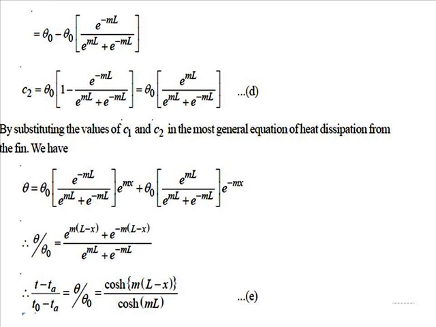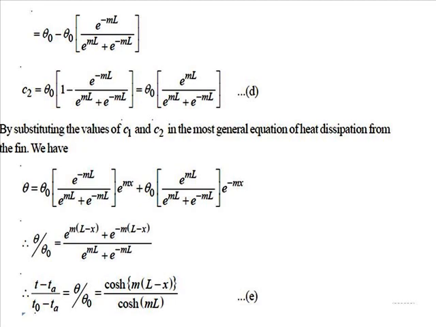So when we put the values of C1 and C2, we will get theta equals theta 0 into square bracket e^(-mL) divided by e^(mL) plus e^(-mL) bracket complete, into e^(mx), plus theta 0 into square bracket e^(mL) divided by e^(mL) plus e^(-mL) square bracket complete, into e^(-mx).